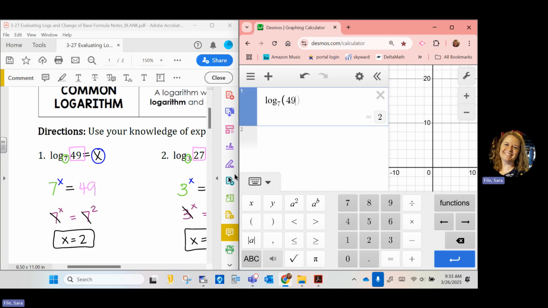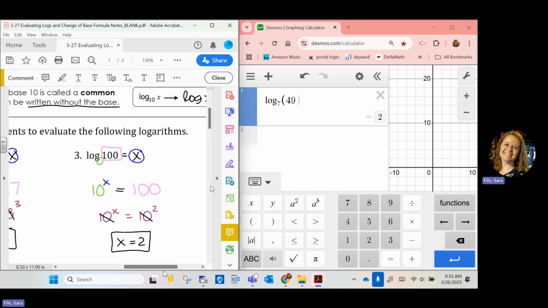That's 2. That's what we got algebraically by changing it to an exponential as well. Everybody good with that? Okay. And then this one over here didn't have a base. So you could just type log, or use the log button without a base, of 100. And there it is, 2. That's what we got. Okay, so you can check your answer.